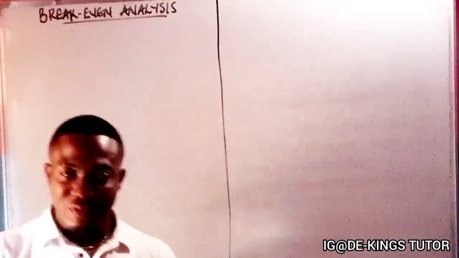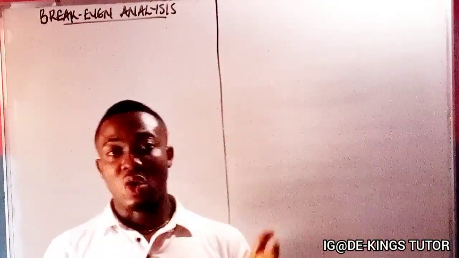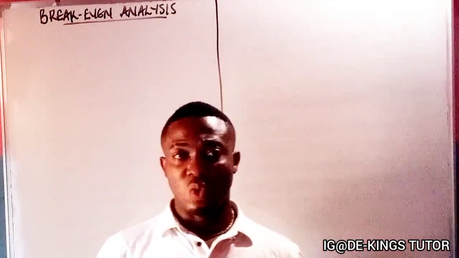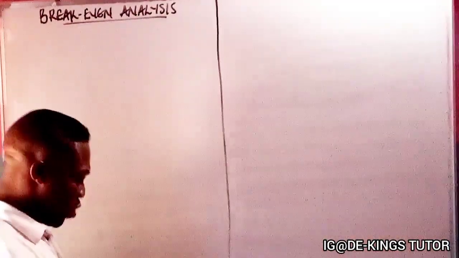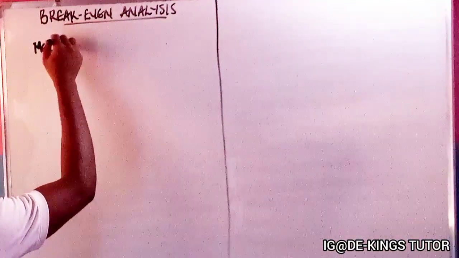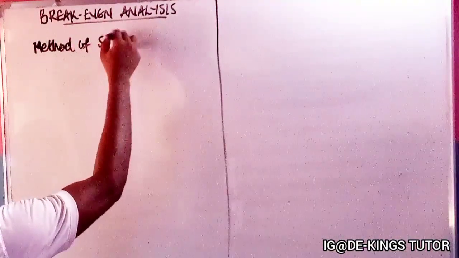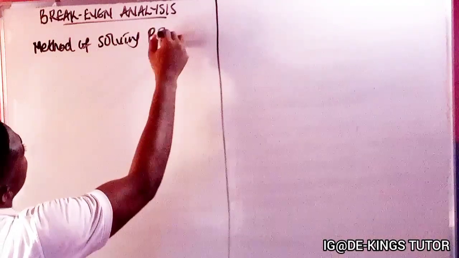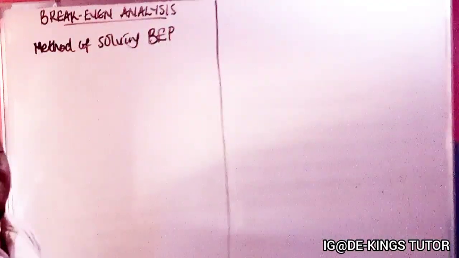Okay, so the break-even analysis looks at the level of sales at which the cost and the revenue are equal. Now we have two methods of solving the break-even analysis, or what we call the break-even point.